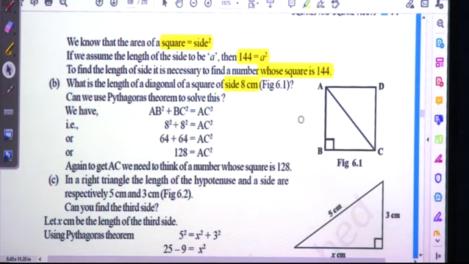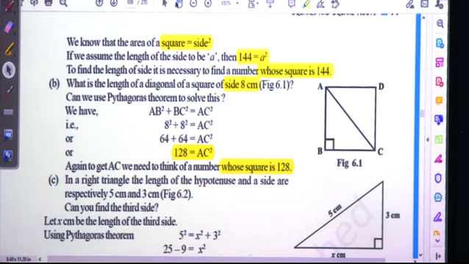So, AB is 8 centimeter and BC is 8 centimeter. So, 8 square plus 8 square is equal to AC square. 64 plus 64, that is 128, is equal to AC square. Again, to get AC we need to think of a number whose square is 128.